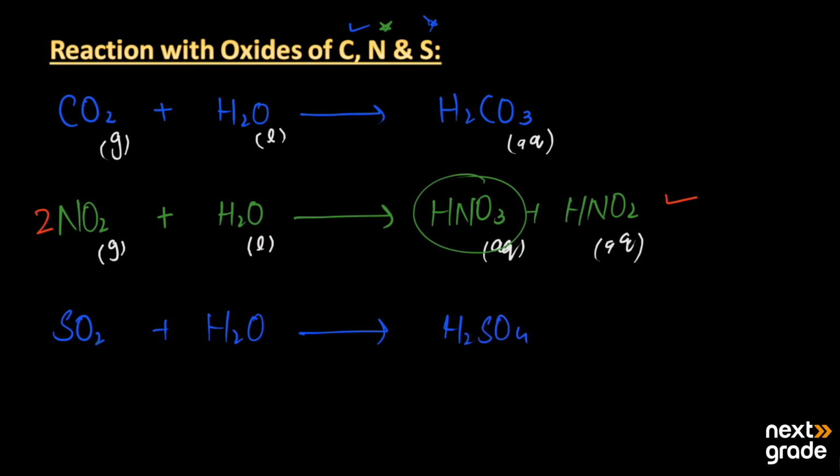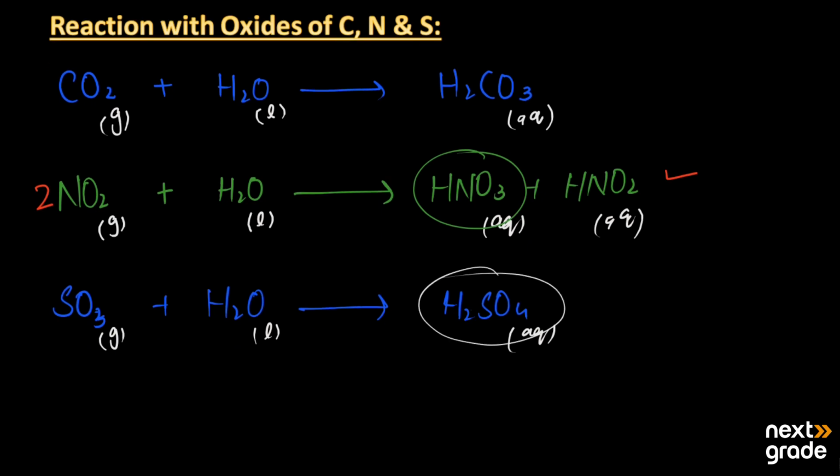If we take sulfur trioxide, the physical state of sulfur trioxide will be gas, the water liquid, and this acid will be in aqueous form. This is a simple reaction. So, when sulfur trioxide reacts with water, it produces its respective acid, which is sulfuric acid.